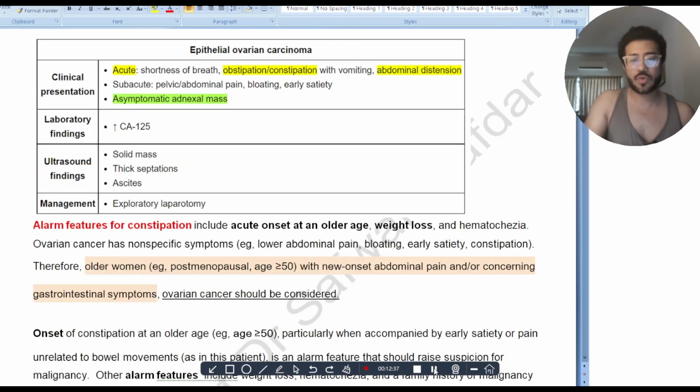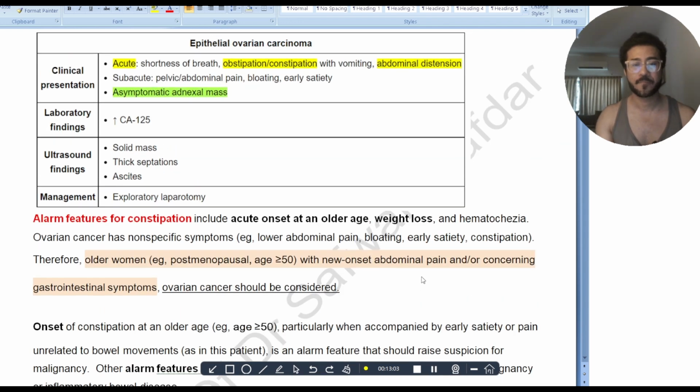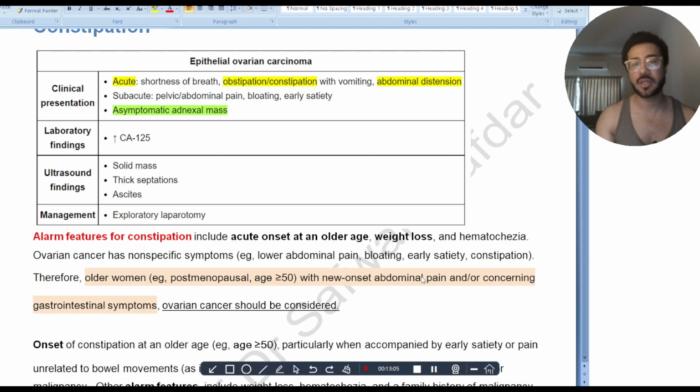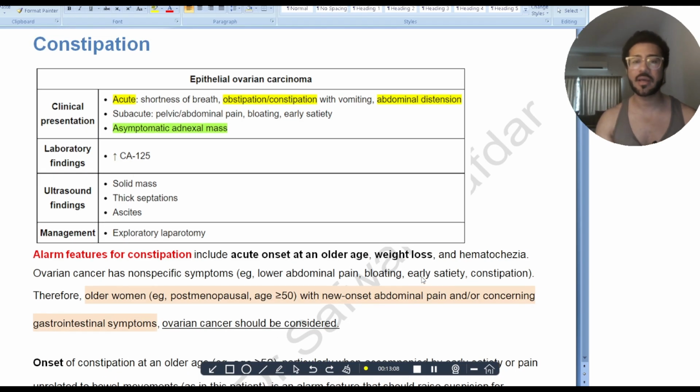So here we also move on to another high yield question, that is epithelial ovarian carcinoma. So this disease has a really variable presentation, and what you need to do is that if you get an old woman that is post-menopausal and that woman develops alarm features such as weight loss and sudden onset of constipation, you're gonna rule out everything else.